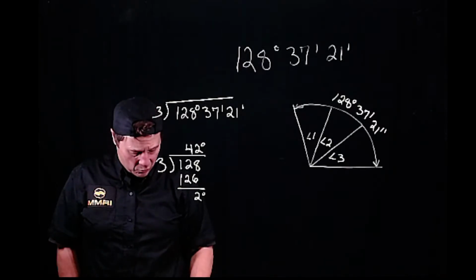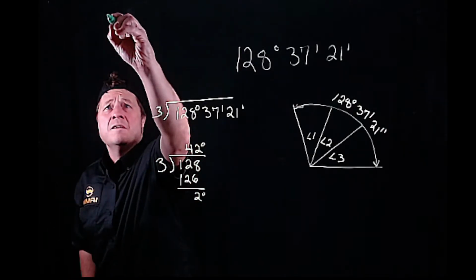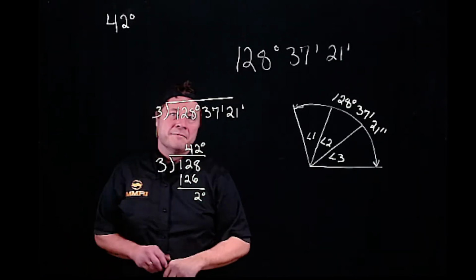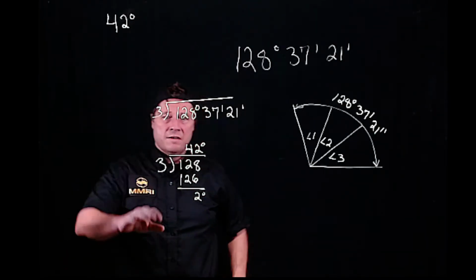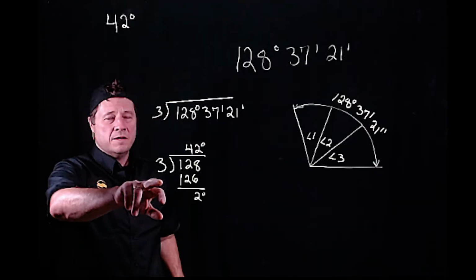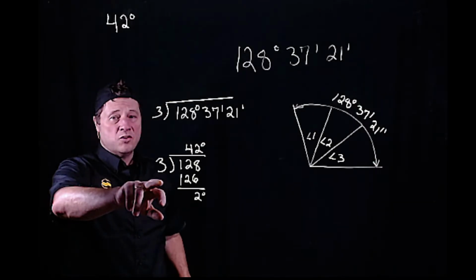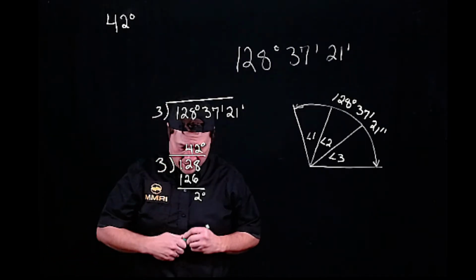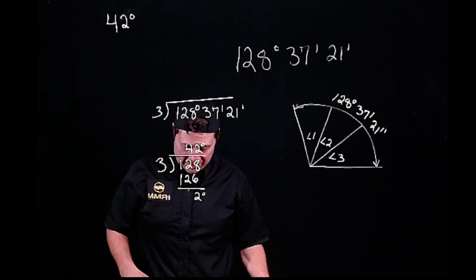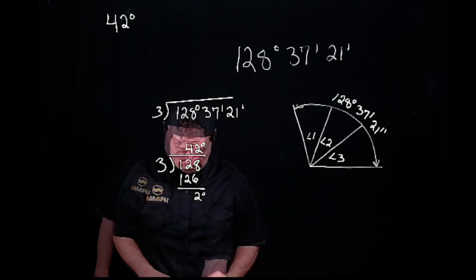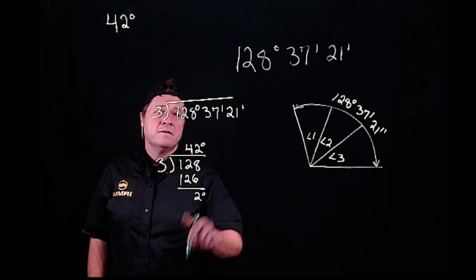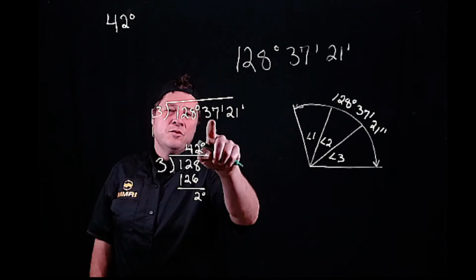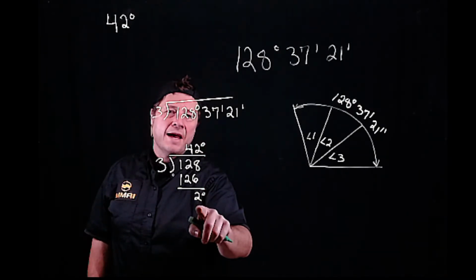So I'm going to write my 42 degrees here. Well, this 2 degrees isn't divisible by 3, right? So what do I do with it? I still need it. Well, remember that every degree is equal to 60 minutes. We take our 37 minutes, and we want to add the 2 degrees to it, but we have to add it as minutes.